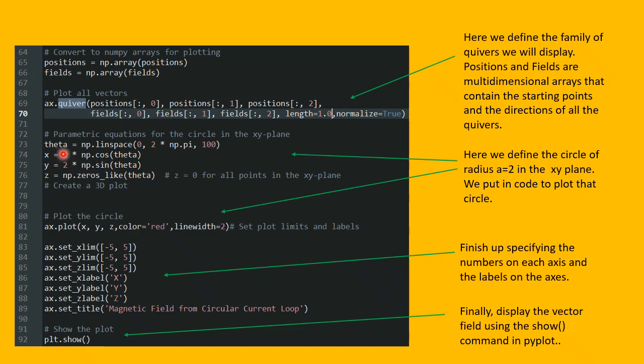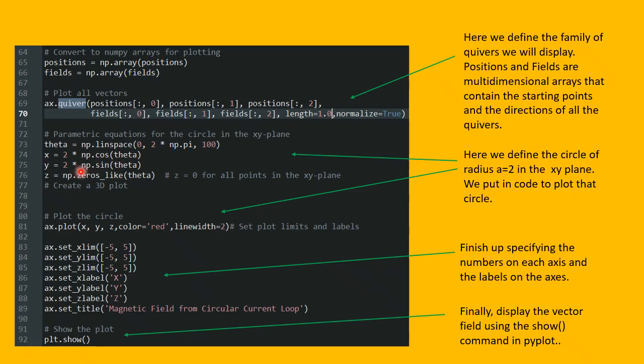We'll let theta equal np.linspace, and we'll go from 0 to 2 pi with 100 equally spaced points in the interval from 0 to 2 pi. And then x will be 2 times the cosine of theta.